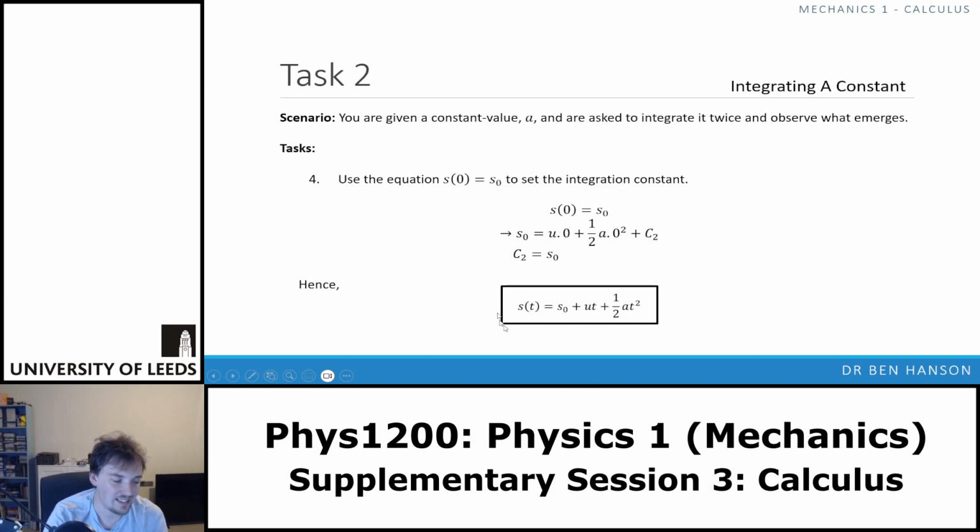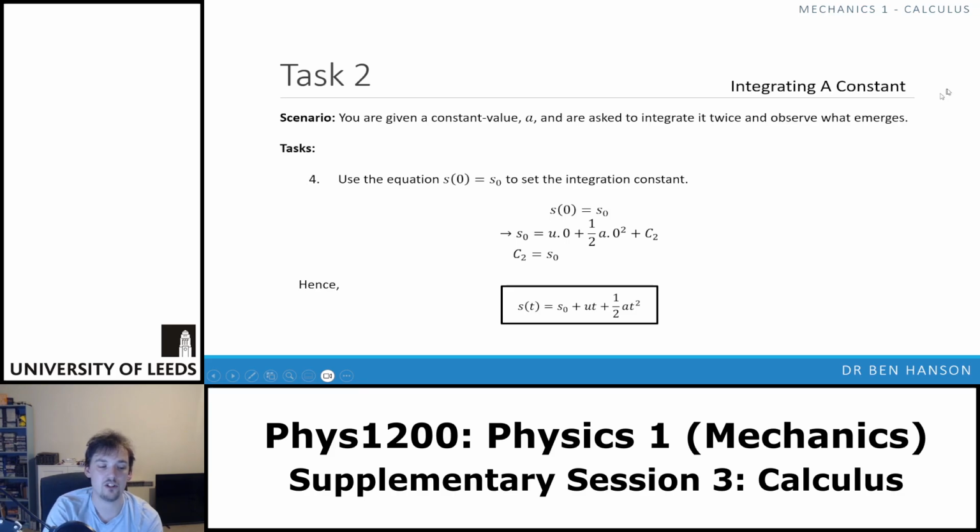So that's saying that the distance, or the position along the path, at time t, is where it started, plus the speed times the time, plus a half the acceleration times the time squared. That is how something moves under constant acceleration.